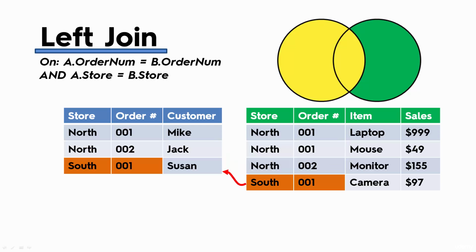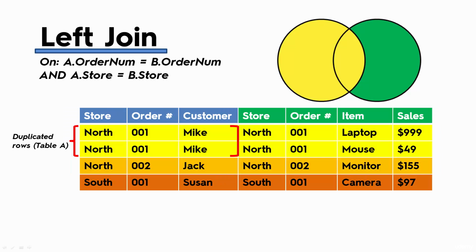And finally, the Southern order number 1 is matched to only 1 row in the second table because there's only 1 row that contains both the word South and the number 1 for the order, and that is the camera that Susan bought. So now if we perform that join, the final resulting table will look like this.